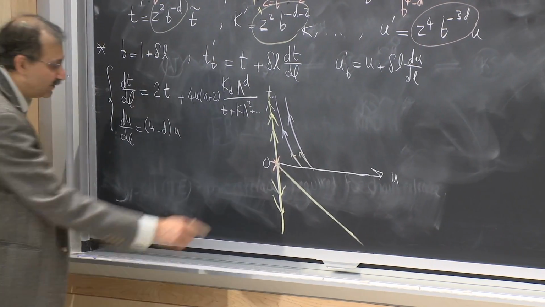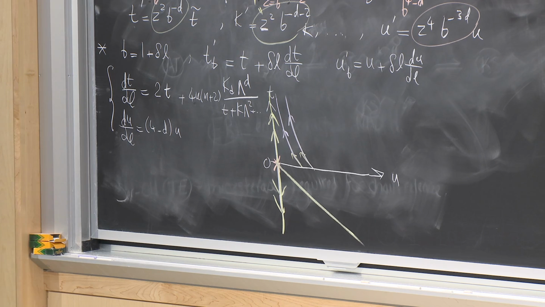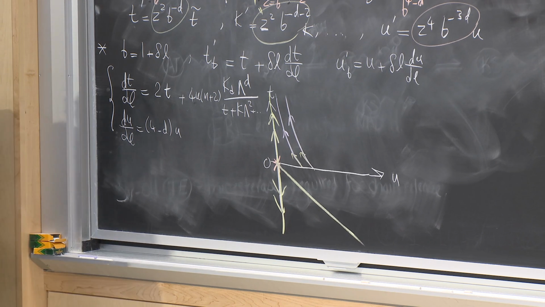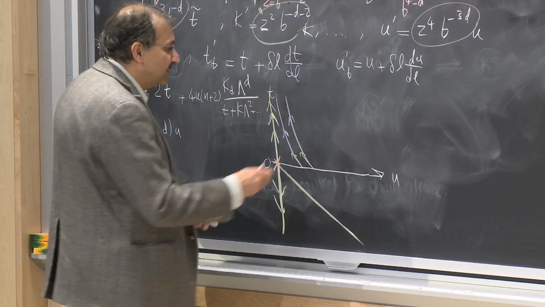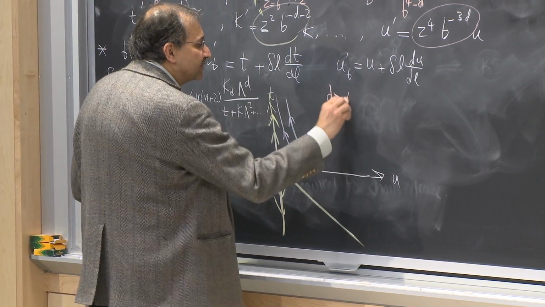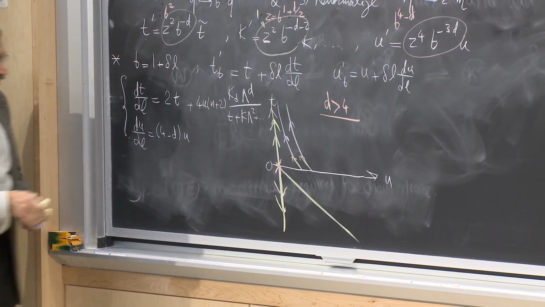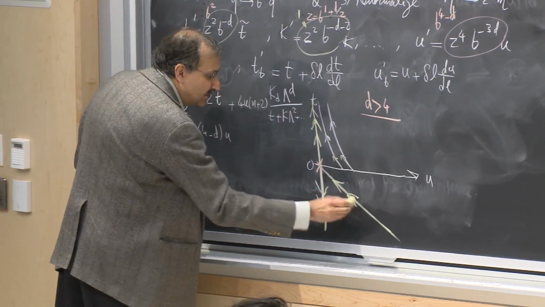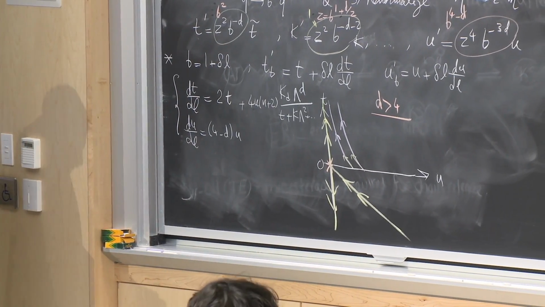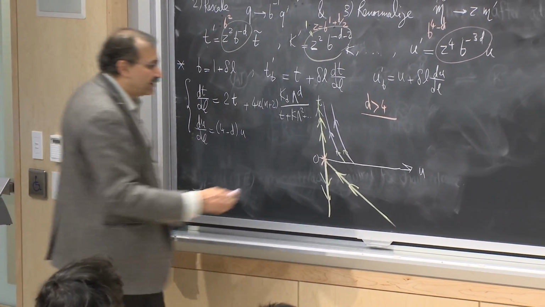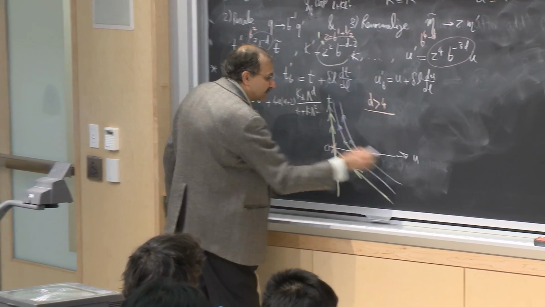And the eigenvalue along that direction is determined by 4 minus d. So the picture that I have actually drawn for you here corresponds to dimensions greater than 4. In dimensions greater than 4, along this other direction, you will be flowing towards the fixed point. And in general, the flows look something like this.